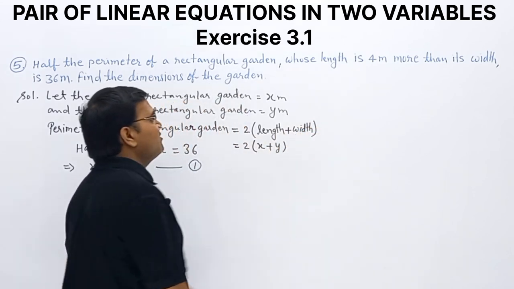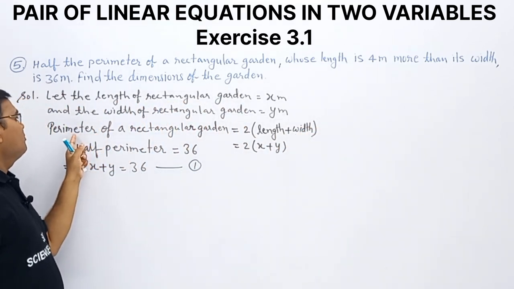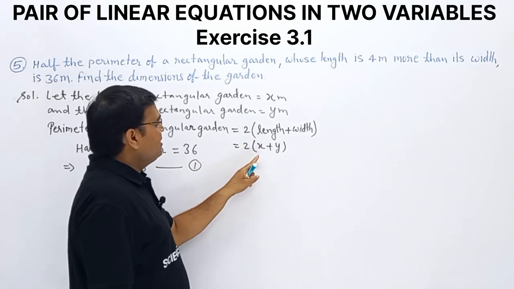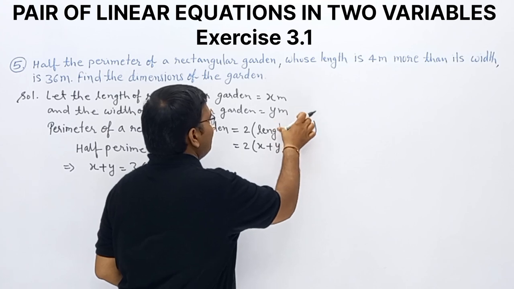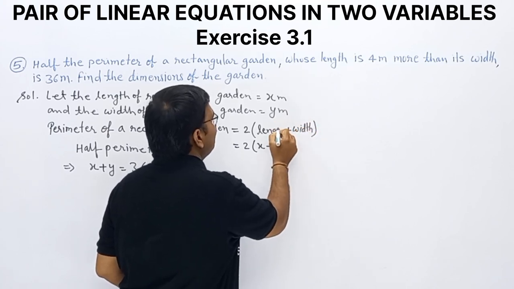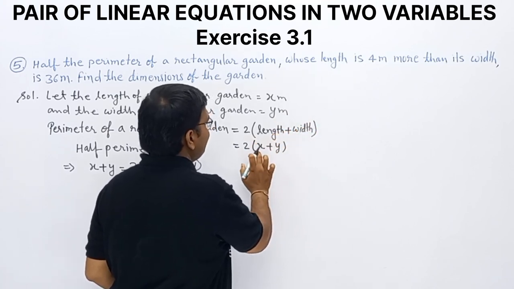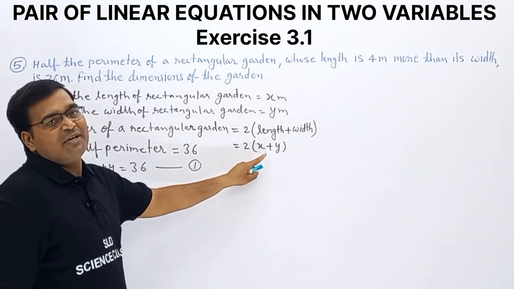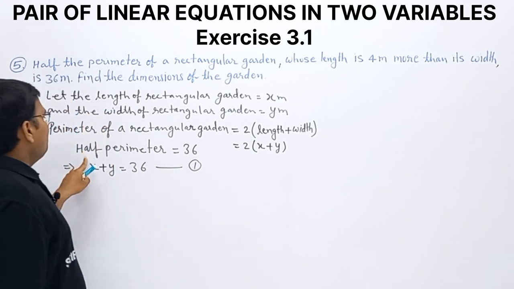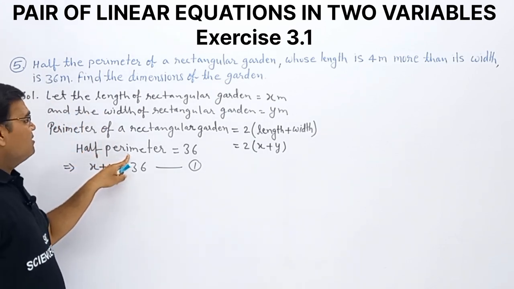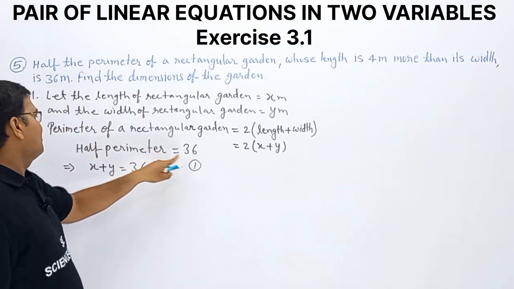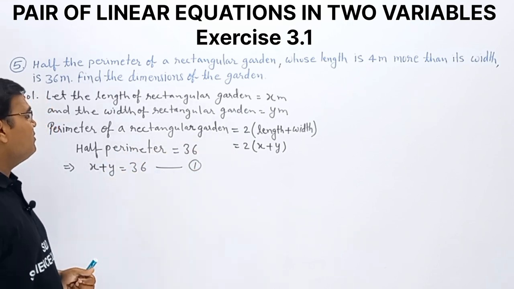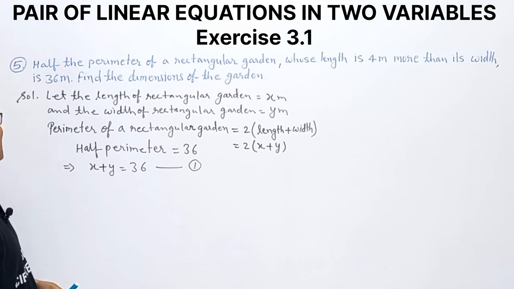Length we assumed as X and width as Y, so the perimeter is 2 times X plus Y. In the question half the perimeter equals 36 meters, so half of this will be X plus Y equal to 36. In this way we get equation number 1.